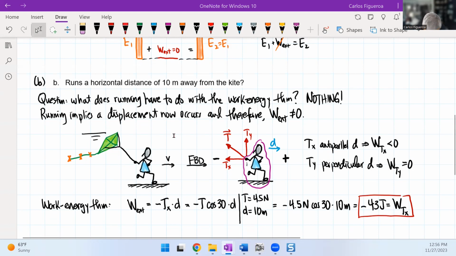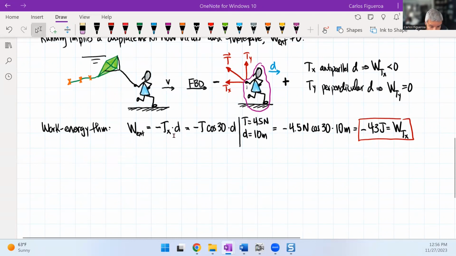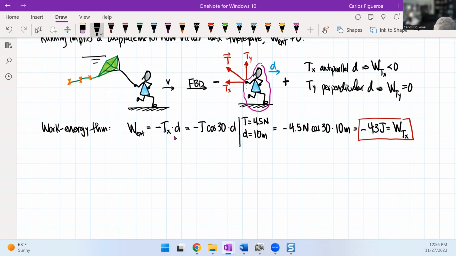Well, again, energy by itself is meaningless. So all we know is that this kite is reducing the available energy to the girl. So the work of the kite on the girl reduces her energy.